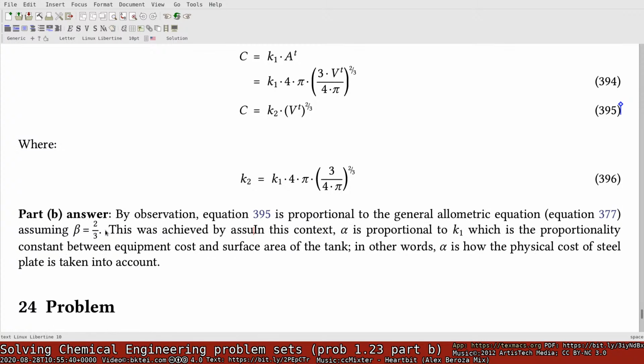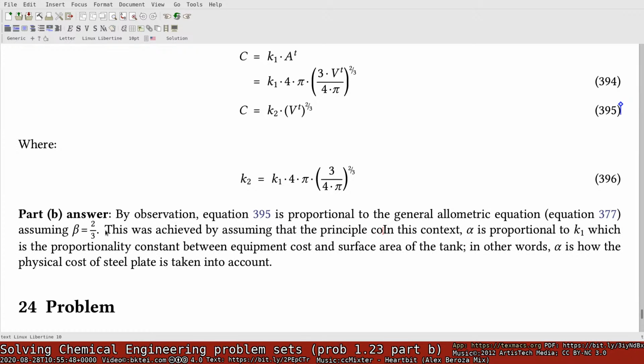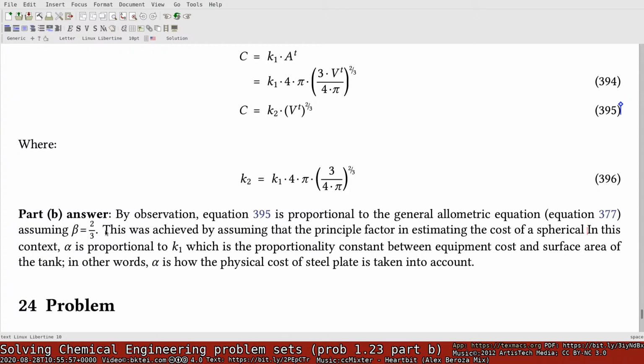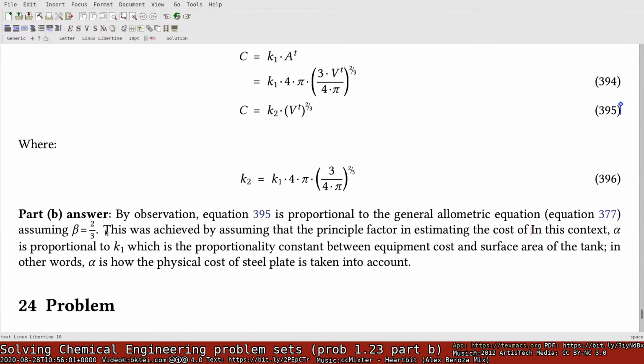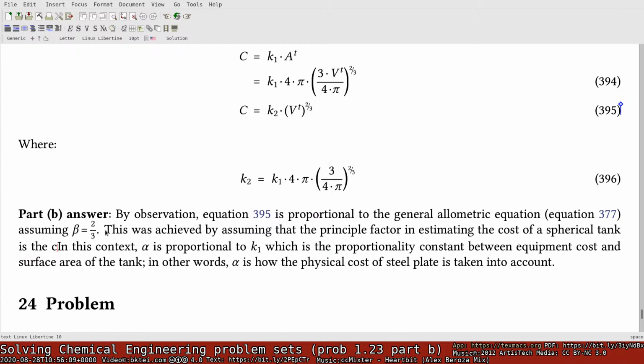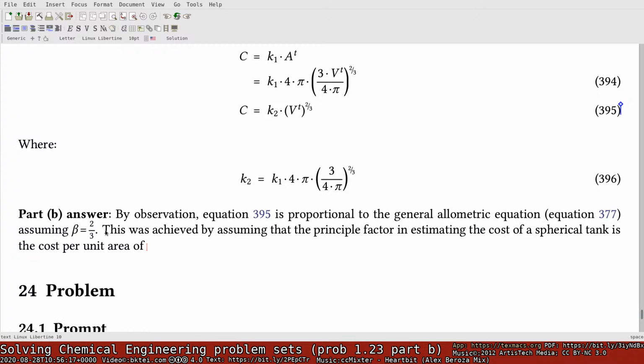The principal factor in estimating the cost of a spherical tank is the cost per unit area of the tank shell, which must be welded together. I'll just leave it at that.